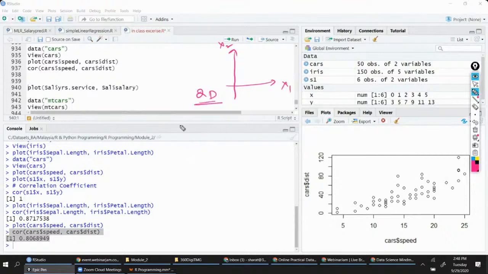But if I have multiple variables, then how do you analyze the data? Because after all, your computer screen is a two-dimensional screen, right? What would you do? So we're talking about multivariate analysis.